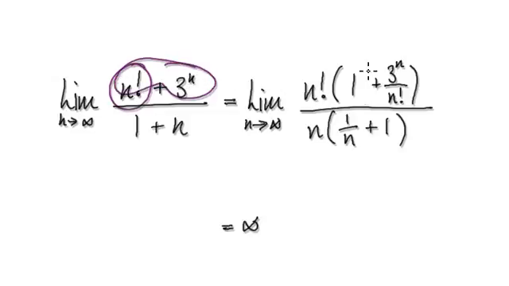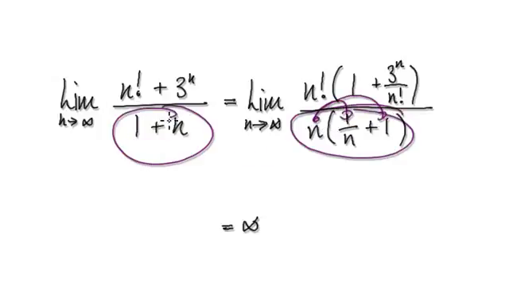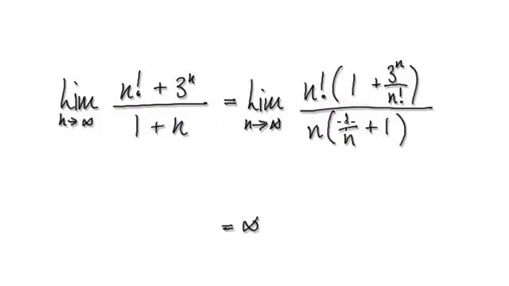Okay, so to do this, factorize n factorial. So rewrite this whole thing here as this, and then this one here, rewrite this. This is just a trick. So you would factorize out the n, rewrite it as this, because if you were to multiply this out, this whole thing here would be the same as this. So these two are exactly the same, just written differently.